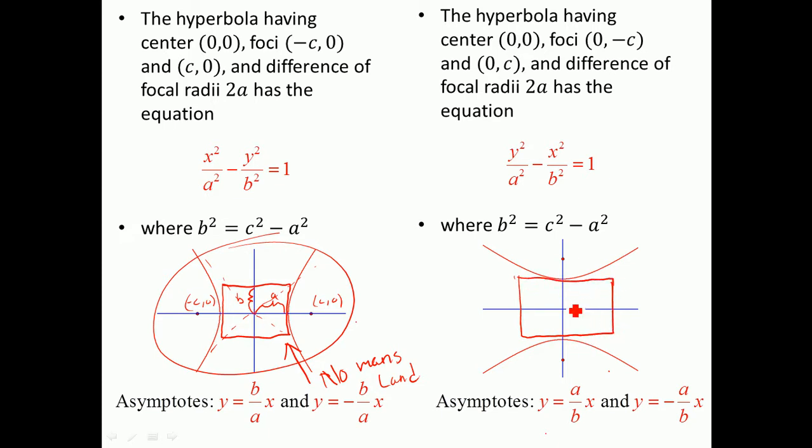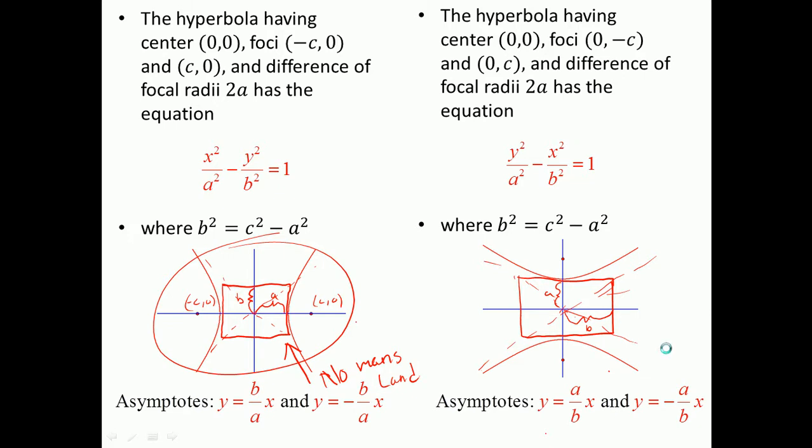But in this case, this is going to be your B, and this is going to be your A. I'm going to show you how to do that, and it's the same idea. Your asymptote is going to go from one corner through the center to another corner in both cases. So excuse my lines, but just to give you the idea, it might be helpful to draw that no man's land box to help.